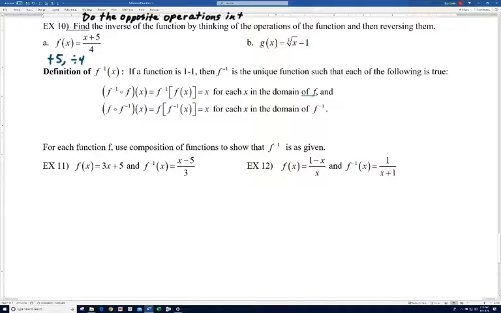So basically what we need to do is the opposite operations in the opposite order. So the last thing we did was divide by 4.